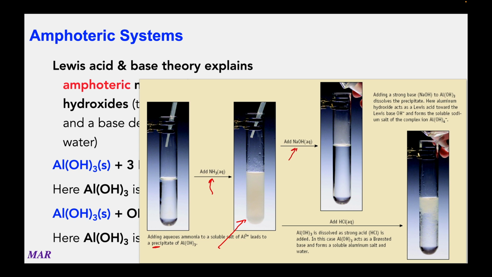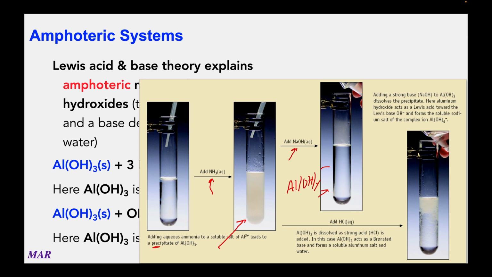That's like aluminum hydroxide is going to be the Lewis acid. The hydroxide will force its way into the aluminum, but the solid disappears because most of these complex ions are water soluble. This is the AlOH4 minus 1 ion, and it's very water soluble. It looks like your stuff just disappears. The aluminum's still in there. It's just a complex ion, so that's why it doesn't look like anything happens.